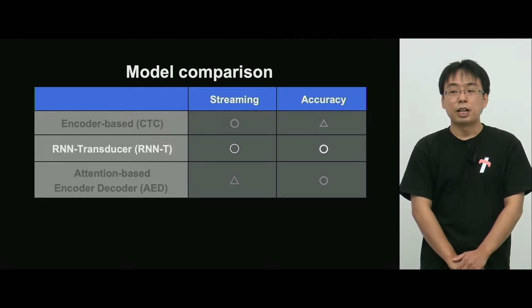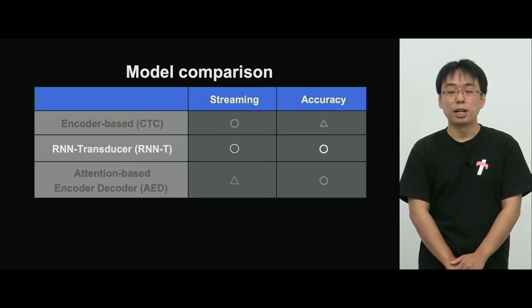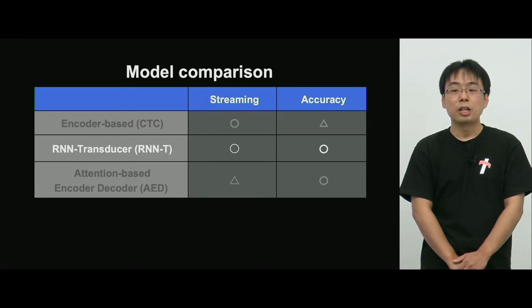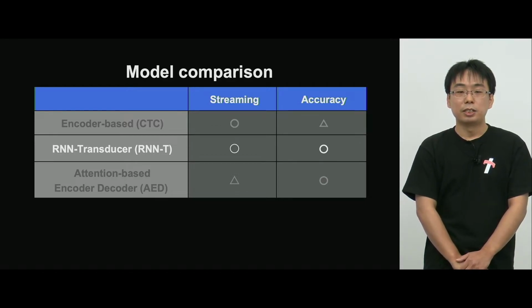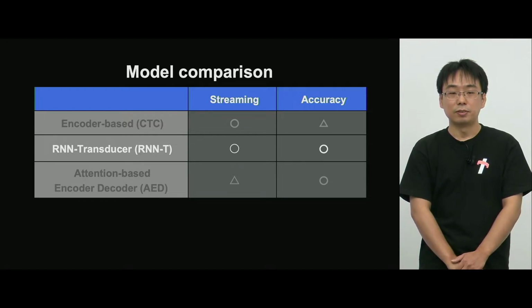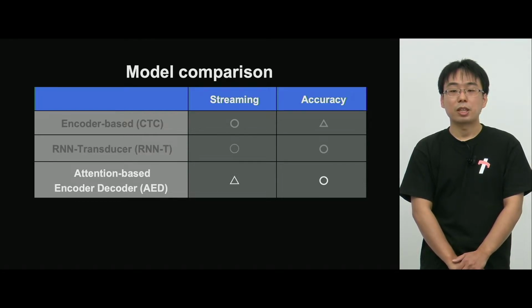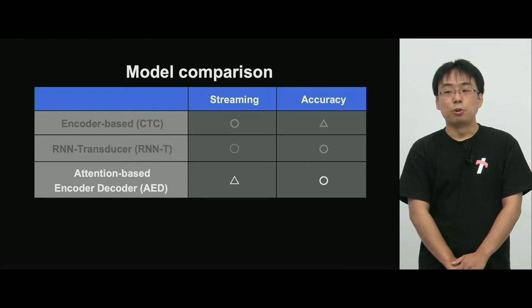The RNN transducer can do streaming processing, and the accuracy is higher than the encoder-based approach. So this is the advantage. On the other hand, compared to CTC, the model structure is a bit complicated, so it is difficult to train the model, and implementation is also difficult.